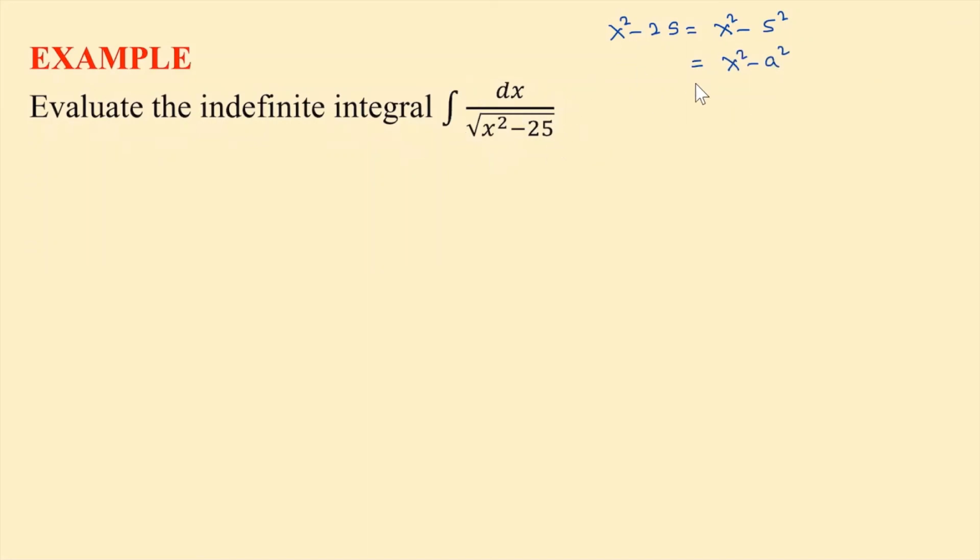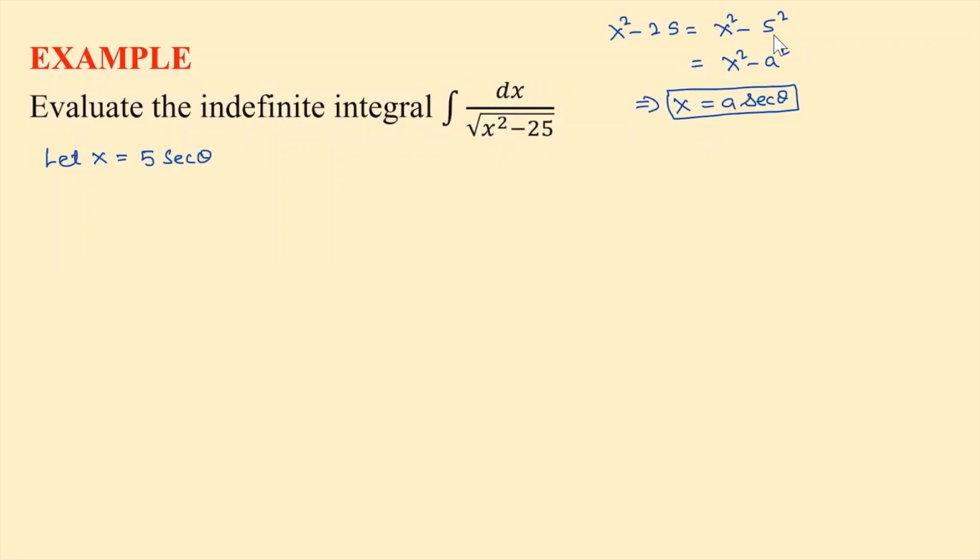Because this integral involves x squared minus a squared, we can evaluate it using the substitution x equal to a secant theta. So let's begin with that. Let x equal to a secant theta. In place of a, we have 5. So x equal to 5 secant theta.